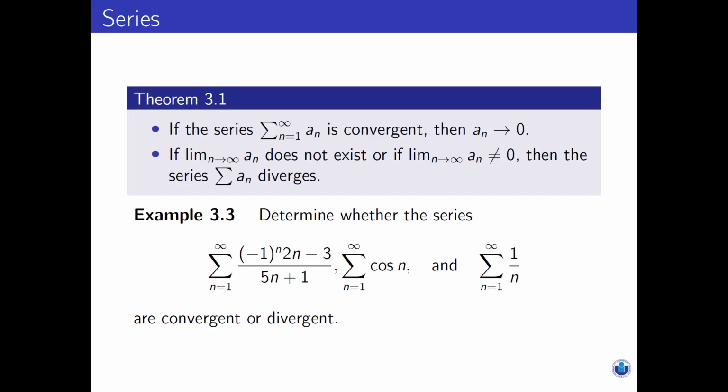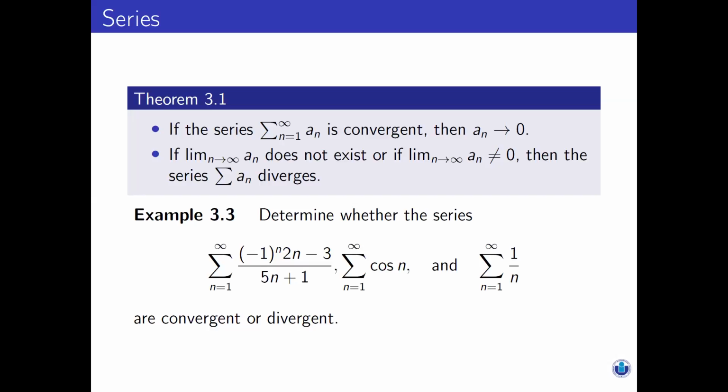But if you are in the situation when a_n goes to 0, then as I mentioned earlier, you cannot conclude anything. If it doesn't go to 0, then the series diverges. But if the term does go to 0, then you have to work further. You cannot stop and say that the series converges. That is not true.